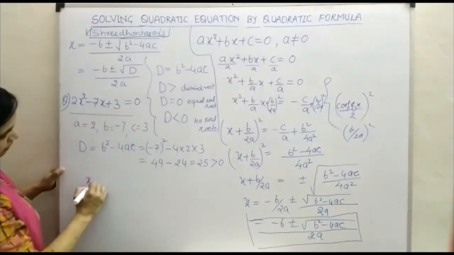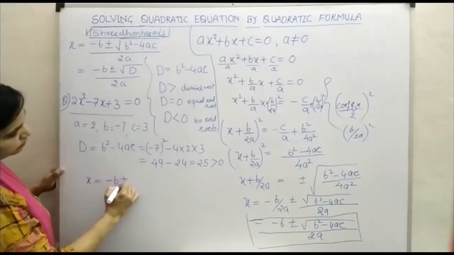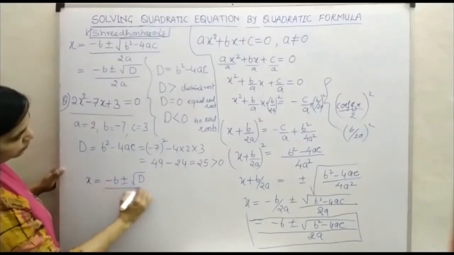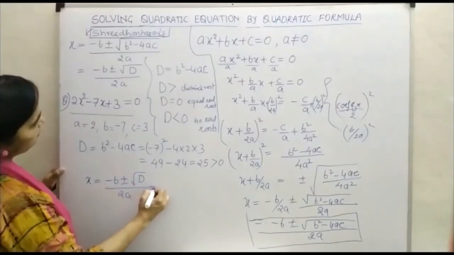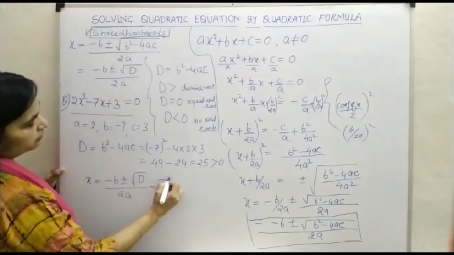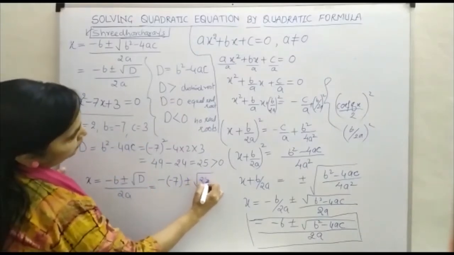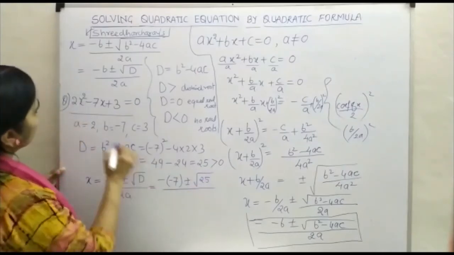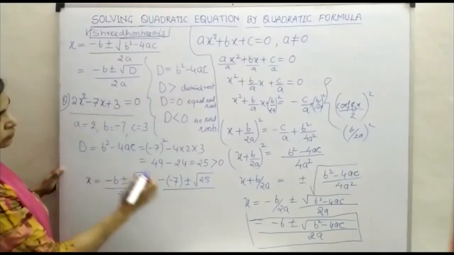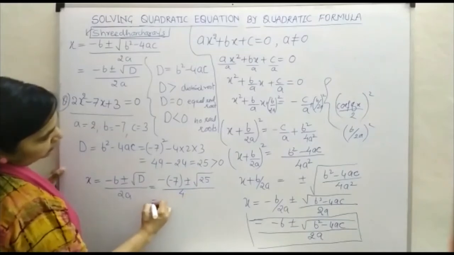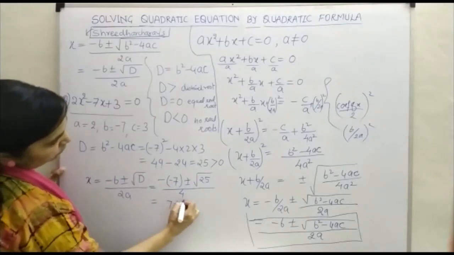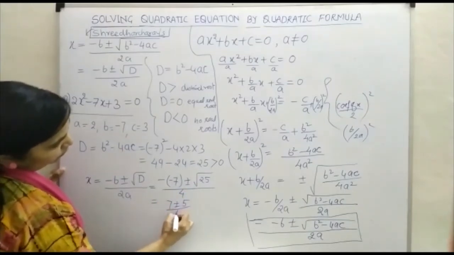Which can be given by x is equal to minus b plus or minus under root d upon 2a. That is, you can see minus, again b is minus 7, so it is 7 plus or minus under root 25 upon 2 into 2, as the value of a is 2, here it is 4, and this is equal to 7 plus or minus 5 upon 4.